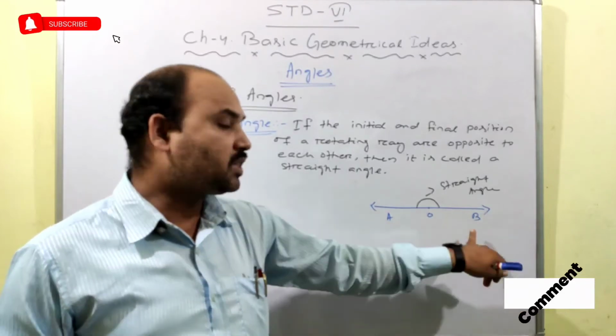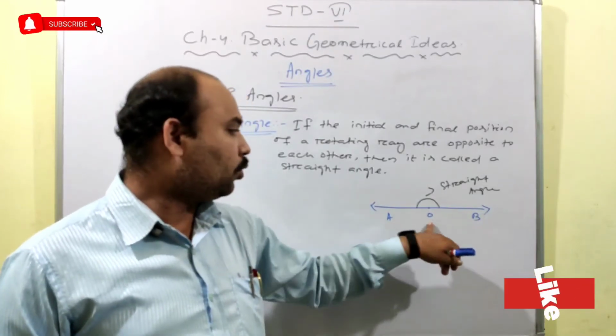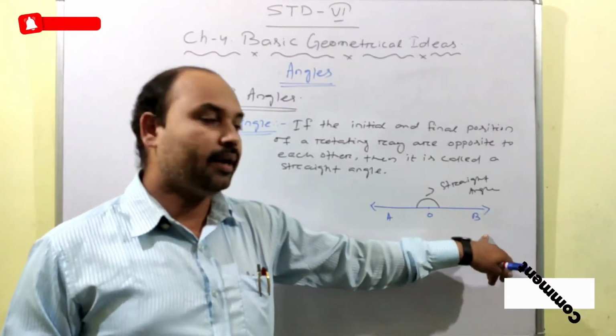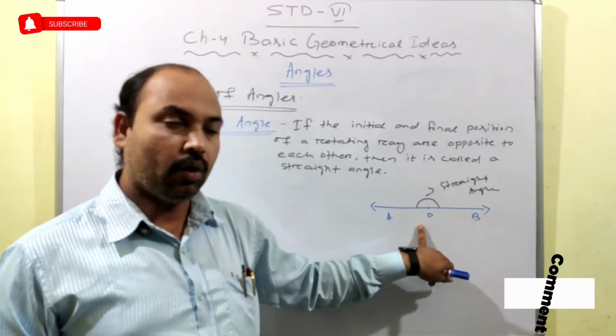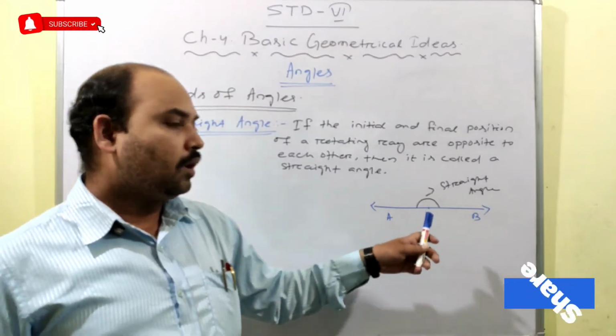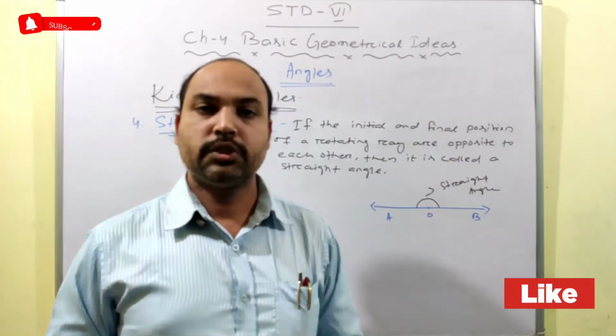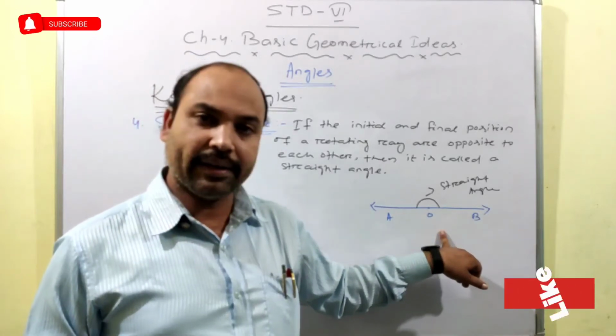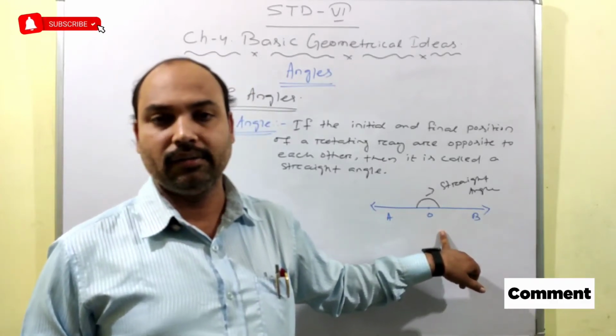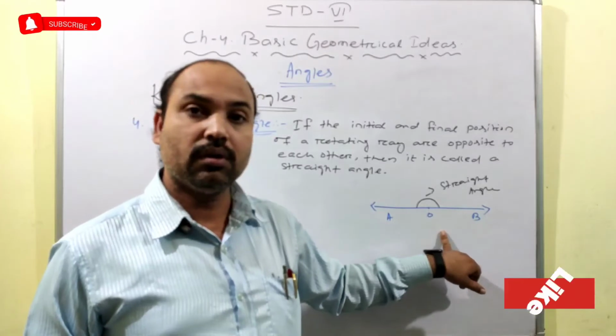And they are opposite rays to each other. OA and OB are the opposite rays. Then it forms a straight angle. Or you can say that an angle is said to be a straight angle if its measurement is 2 right angles or 180 degrees.